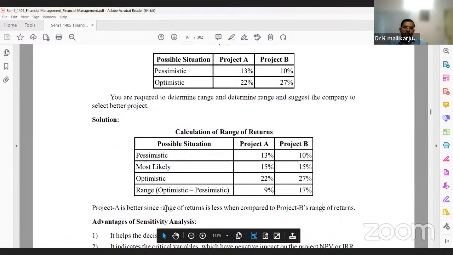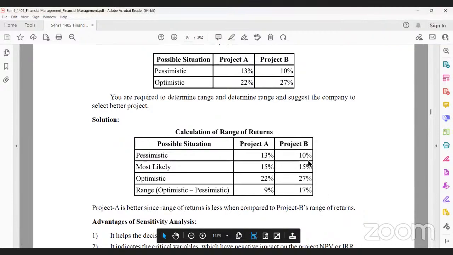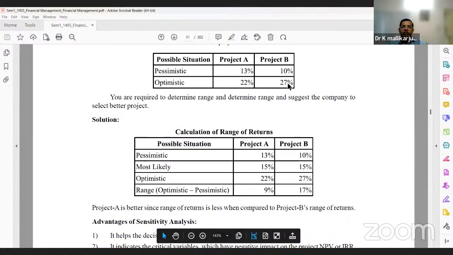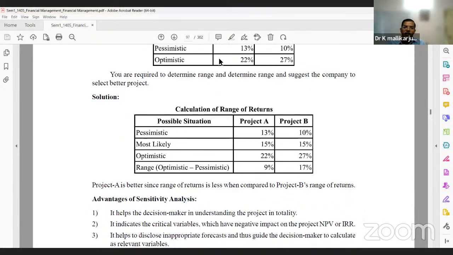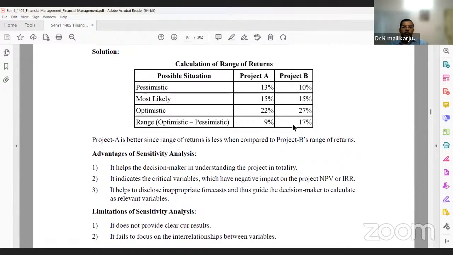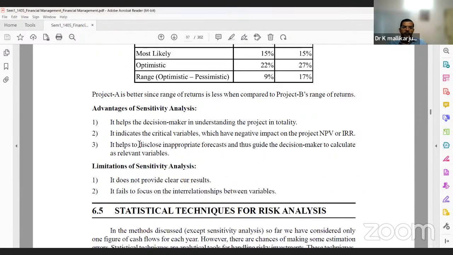Out of these two, the higher the gap, the higher the risk; the lower the gap, the lower the risk. It helps the decision maker to understand the project totally. It indicates the critical variables which have a negative impact on the project NPV and IRR.